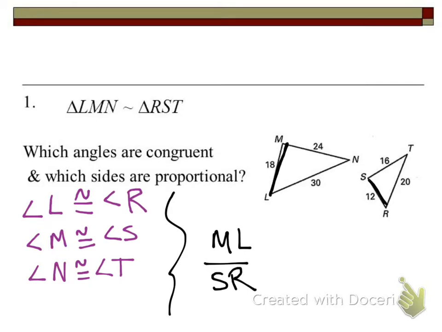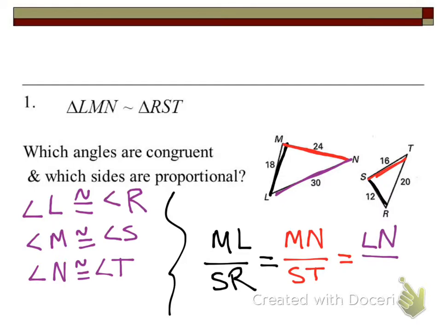So again, you're just writing a ratio with the sides that match up, the corresponding sides. Okay, so that should equal, let's write another ratio. Which side should match up with MN? ST, good. All right, and then one more set of sides. LN goes with which one? RT, very good.